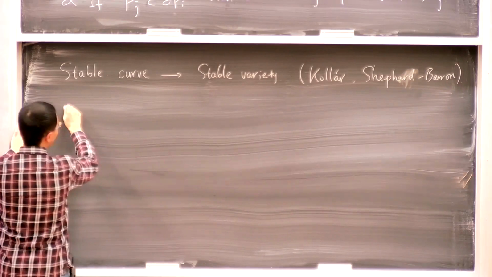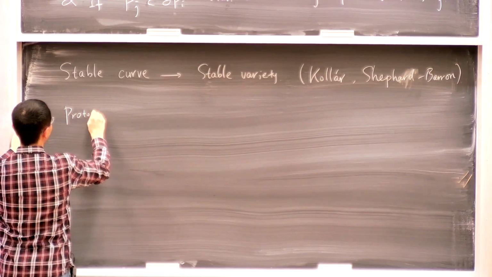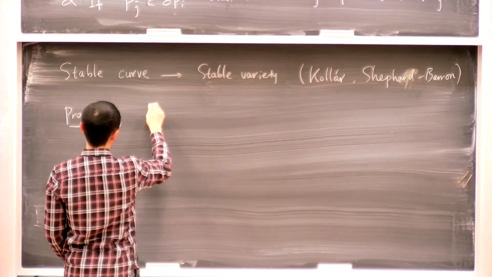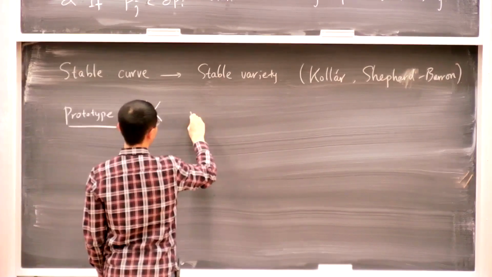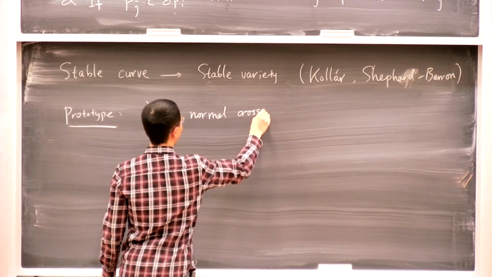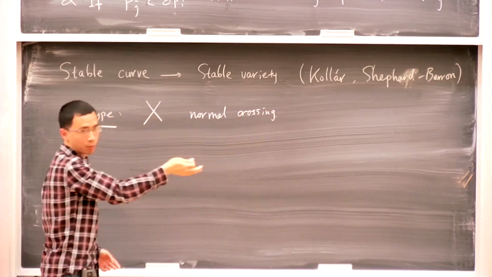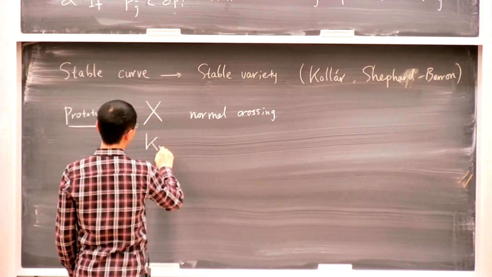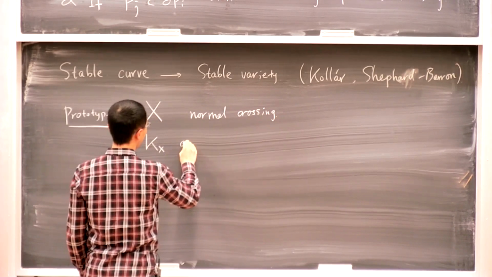So the prototype of a stable variety is this. It takes a variety with normal crossing singularity, just like a stable curve is a curve with normal crossing singularity. And you want a condition of ampleness, so let's say the canonical bundle is ample.